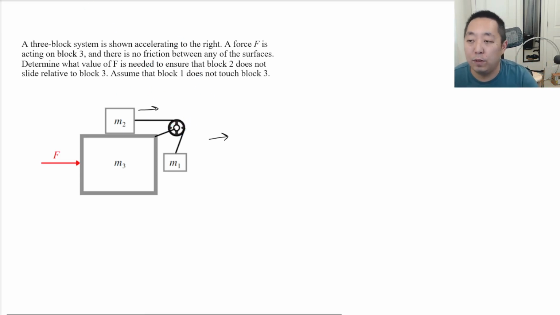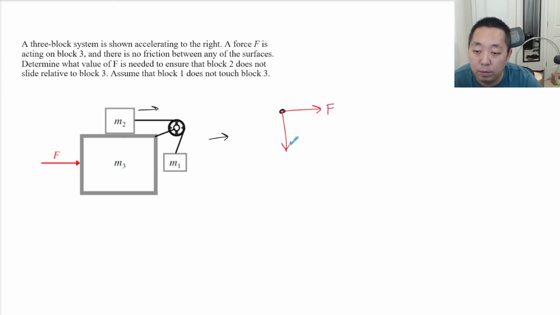We start with the free body diagram of everything. Now, where do you want to start? I'm going to start with the free body diagram of M3 first, and talk about the forces acting on M3. I have F moving to the right. I have gravity, M3g, going down, gravity of this block.